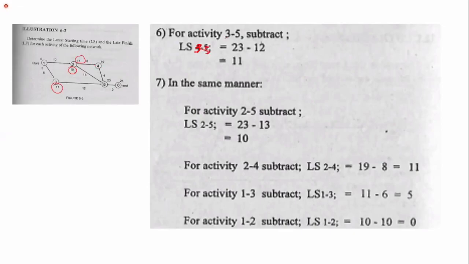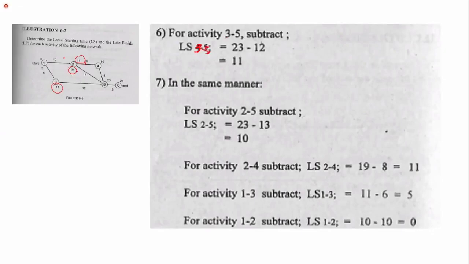For the backward pass, it is opposite to the forward pass. At the intersection node, we have two late starts, 10 and 11.